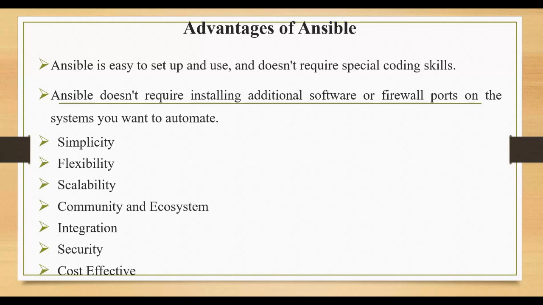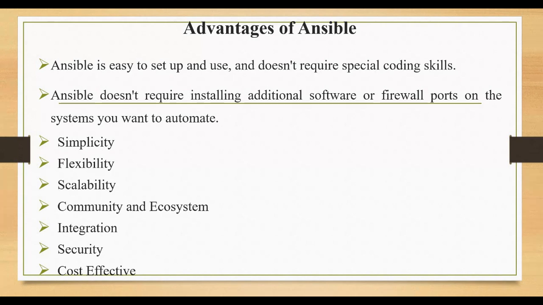The next is scalability. Ansible can scale from managing a handful of nodes to thousands of them with ease, and its parallel execution model allows it to configure multiple machines simultaneously. Community and ecosystem: the community contributes modules, playbooks, and plugins.